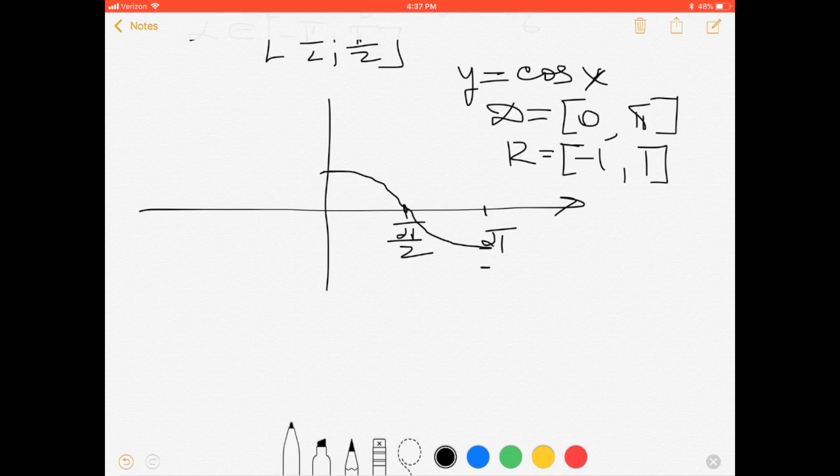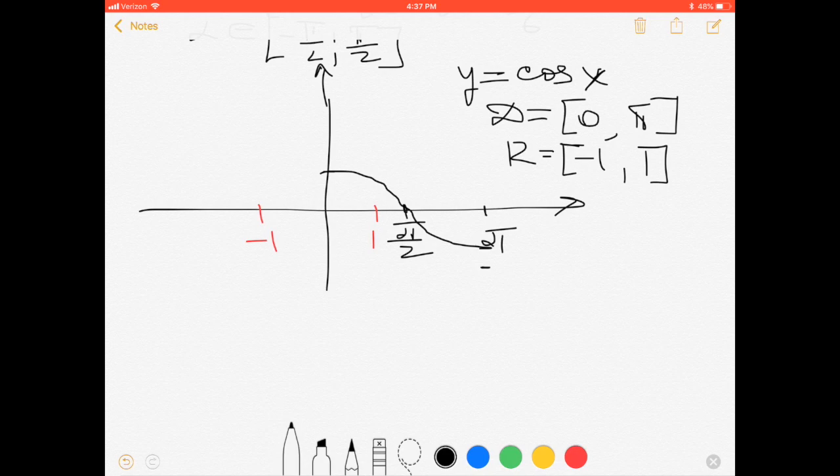What can I do? Okay, this will be the inverse function. Let me change color. Now the domain and range switch. This means our domain is now from -1 to 1, and the values go up to pi.